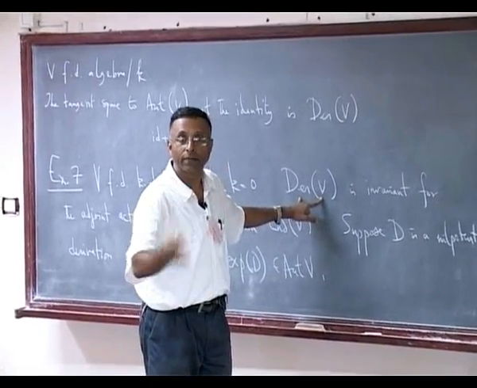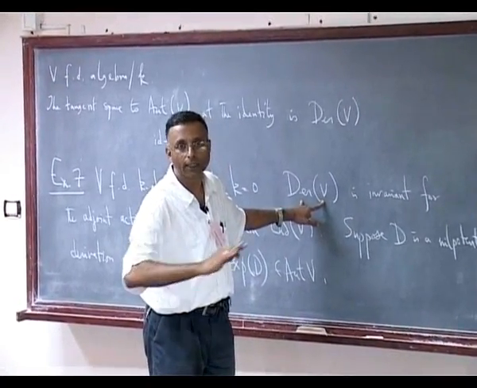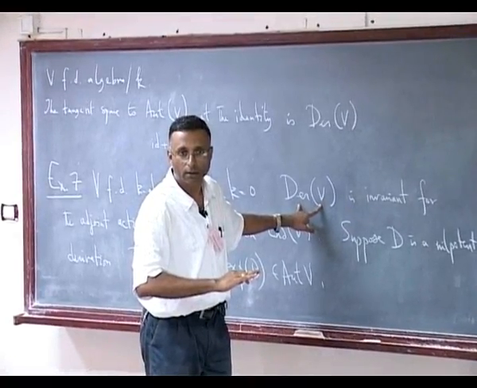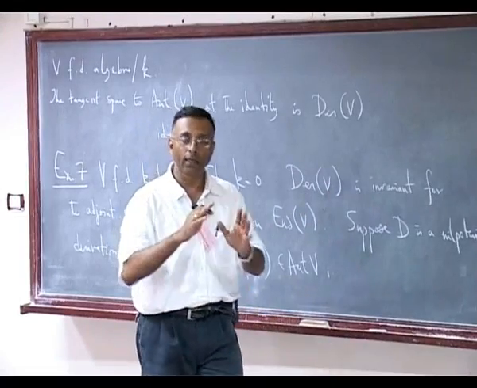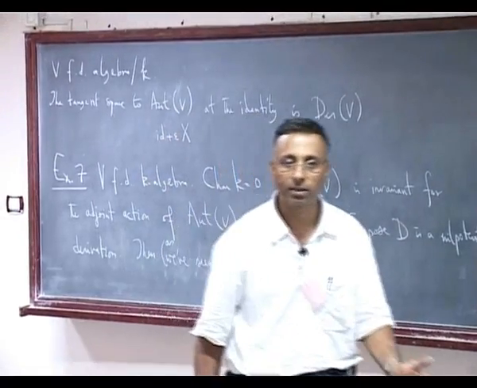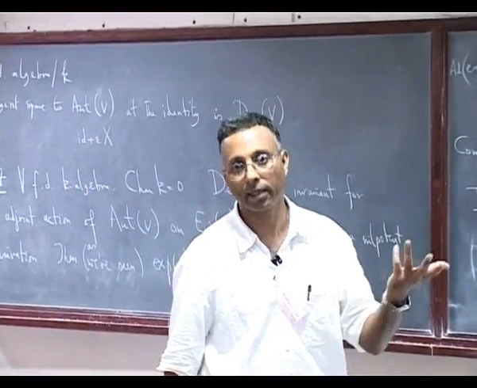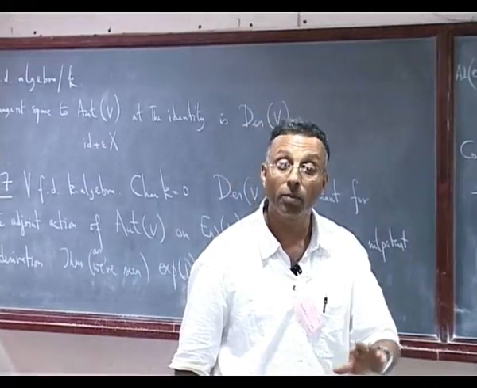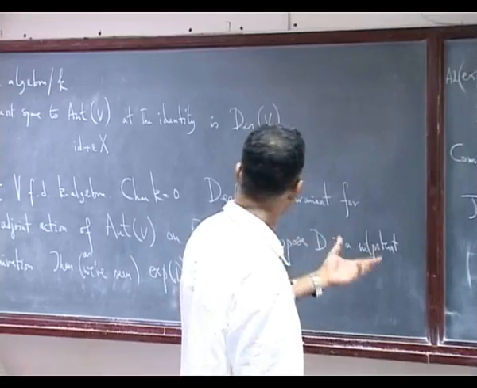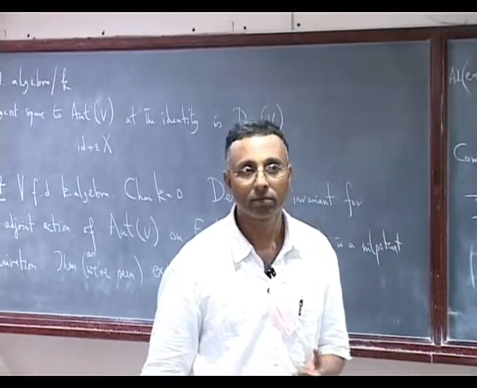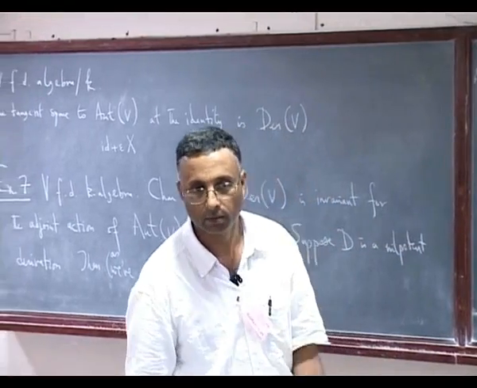Ad D is therefore a derivation of this Lie algebra, and it is nilpotent. So it is a nilpotent derivation on a certain algebra. So I can take its exponential, which will be an automorphism of that algebra. Namely, in this case, it will be an automorphism of der V.